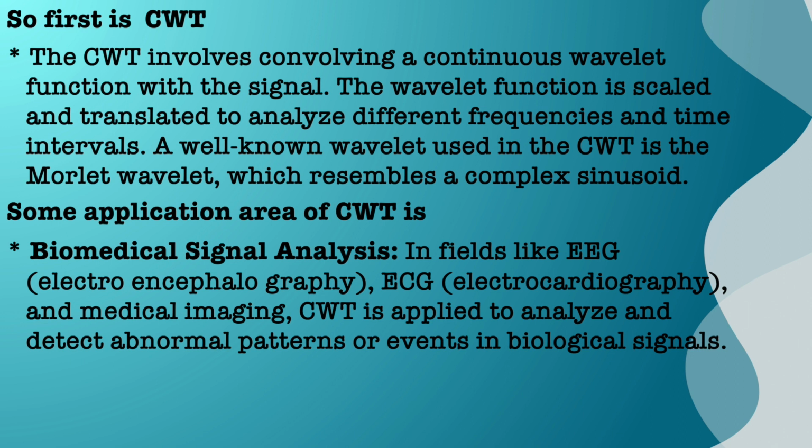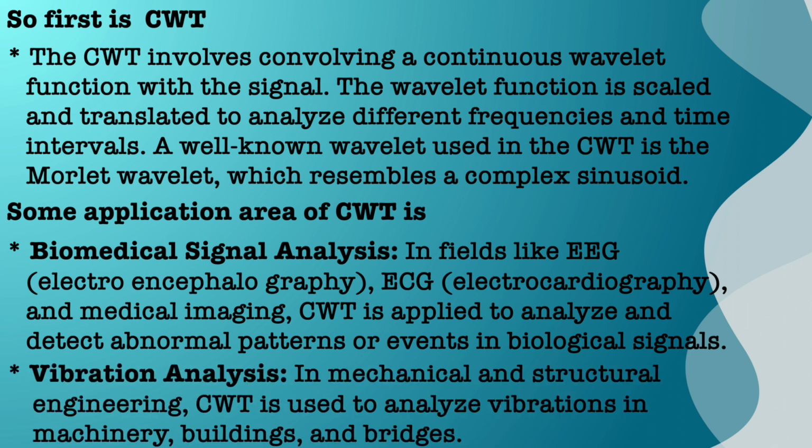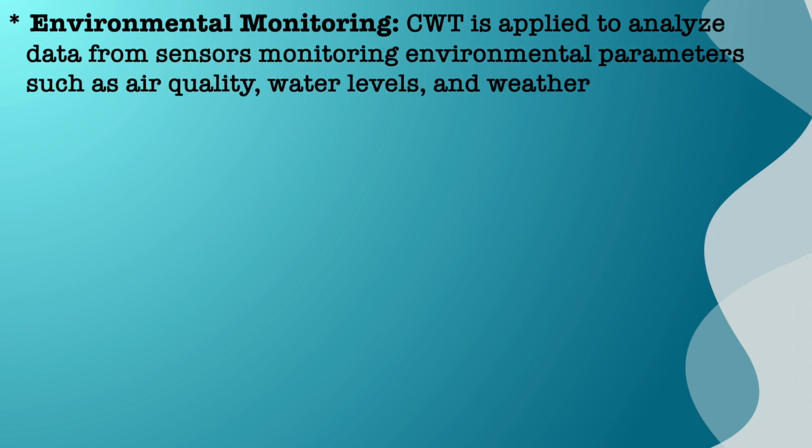The second application is vibration analysis. In mechanical and structural engineering, CWT is used to analyze vibrations in machineries, buildings and bridges. Next is environmental monitoring. This is applied to analyze the data from sensors monitoring environmental parameters such as air quality, water levels and weather conditions.